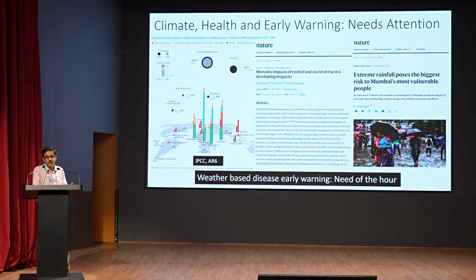And for that we have to go for a high quality early warning system. When we are talking about an early warning system, it has to be high resolution and super fast, so that you can generate the forecast before the extreme takes place, and you will get the time to make arrangements so that you can mitigate the bad impacts of upcoming extreme events.